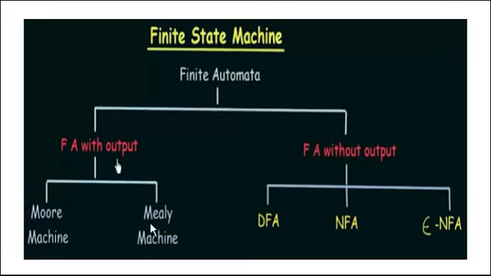Whereas in the case of the Mealy machine, the output depends on the present state as well as the input given to the state. So this is the overall classification of the finite state machine, which we will be studying in the coming lectures.